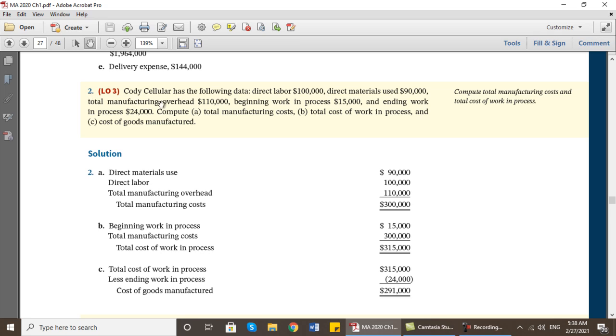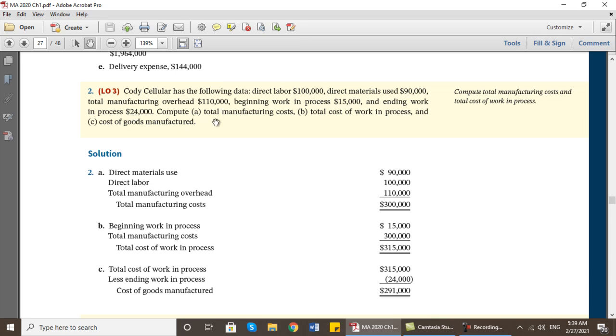Number 2, C has the following data: direct labor, direct material used. The figure is ready. Direct material used, total manufacturing overhead, also beginning work in process, and ending work in process.